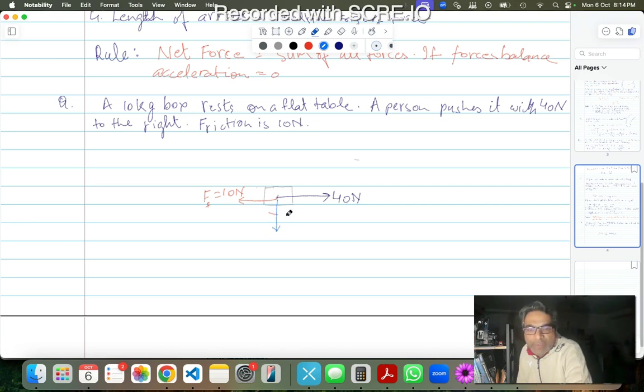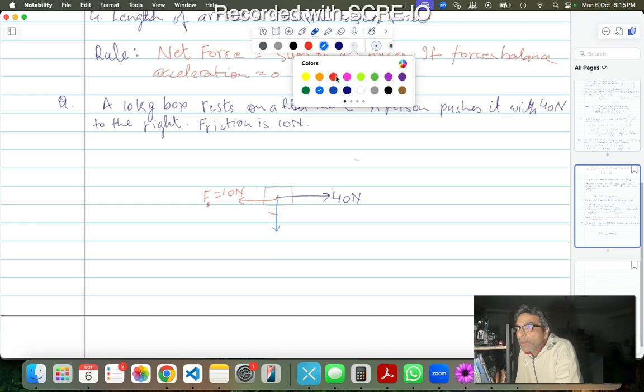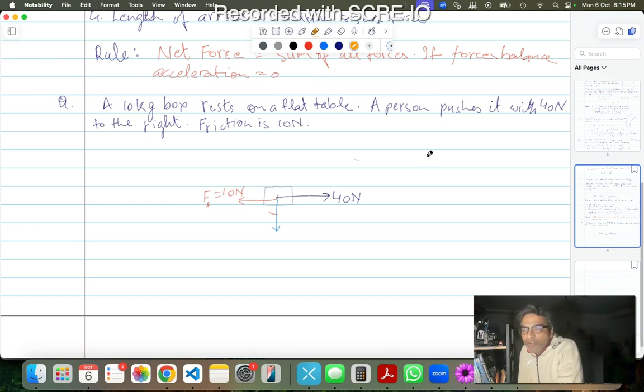So now what is weight? As I already told you, what's the weight? Exactly. So weight is a force. You have to remember that, okay? So the weight equals the force, which is mg.